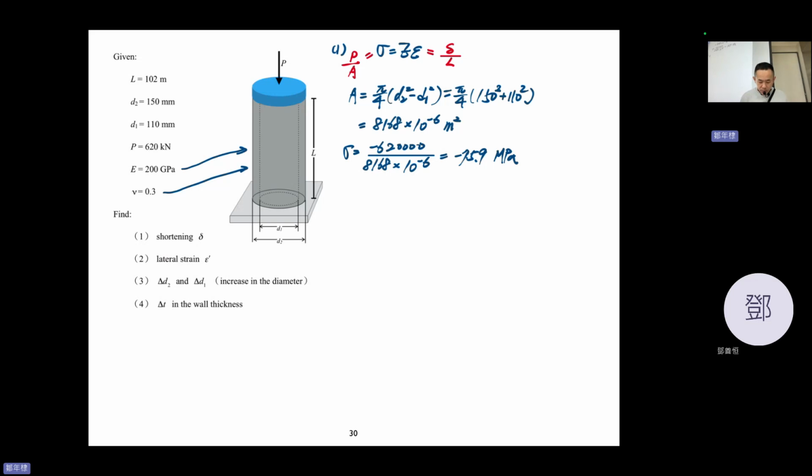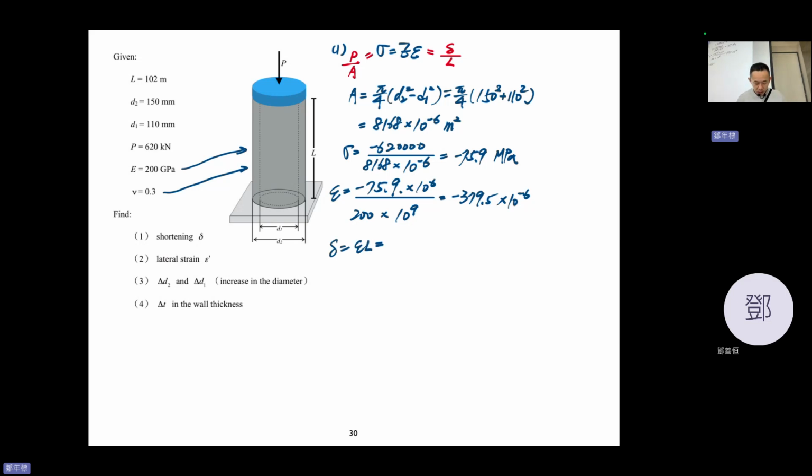How about epsilon? Minus 75.9 divided by Young's modulus, 200 GPa, where G means 10 to the 9. Again, minus 379.5 times 10 to the minus 6. So this is epsilon. If we have epsilon, we can have delta, right?